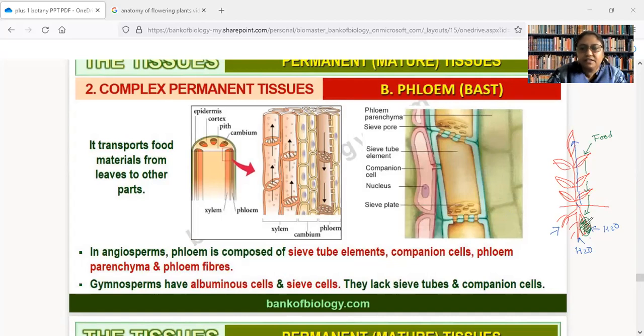Once required, this food needs to be transported back to the other parts of plants. So that is why in case of food transport, it is bidirectional. And in case of water transport, it is always unidirectional.